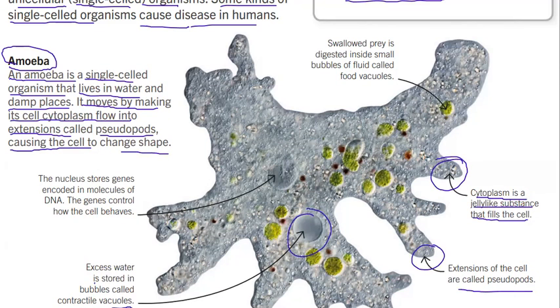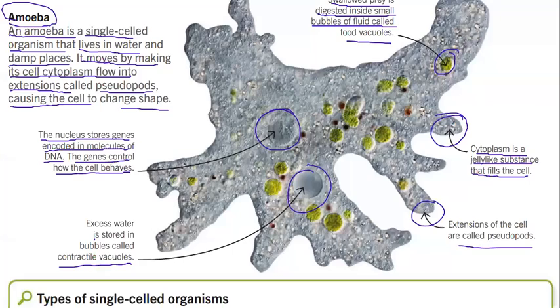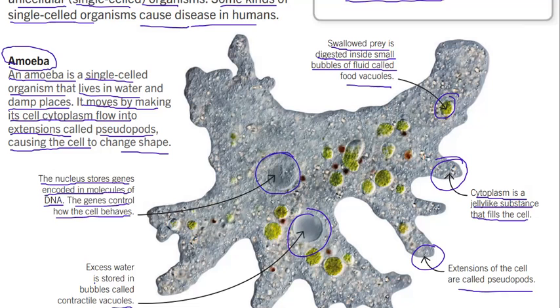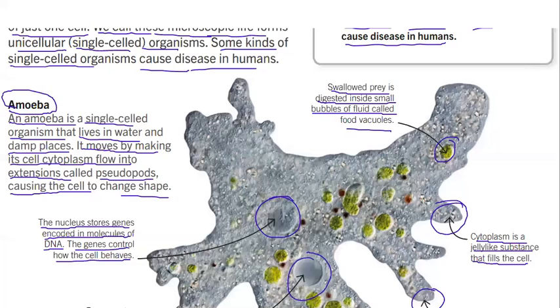And the green part is the swallowed prey, which is digested inside small bubbles of fluid called food vacuoles. And this location is the nucleus, which stores the genes encoded in molecules of DNA, and the genes control how the cell behaves. This is the beautiful three-dimensional diagram of amoeba.